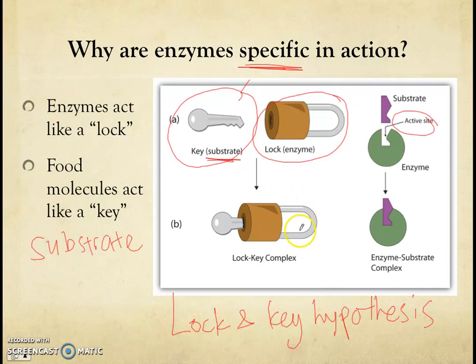Every lock can only fit one kind of key. And what's important is that the shape of the pocket, the shape of the active site, matches the shape of the food molecule or substrate, in the same way that the shape of the key matches the shape of the lock hole. Alright, so this is the reason why enzymes are specific in action.